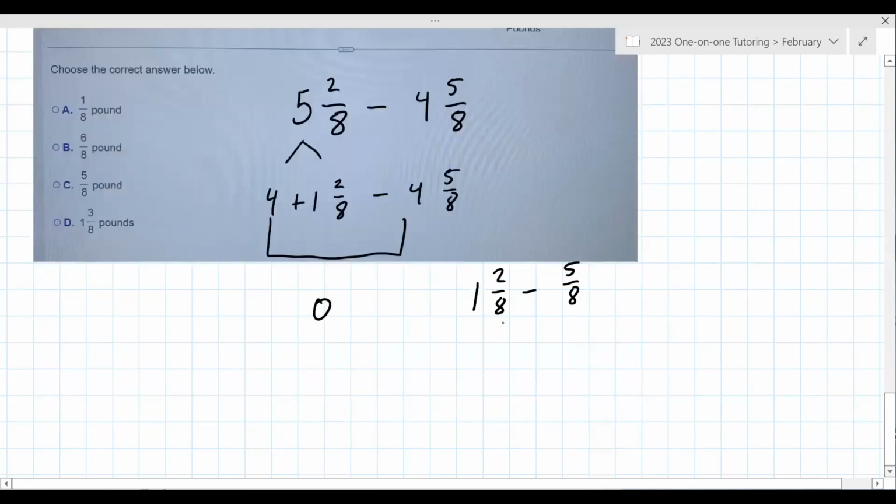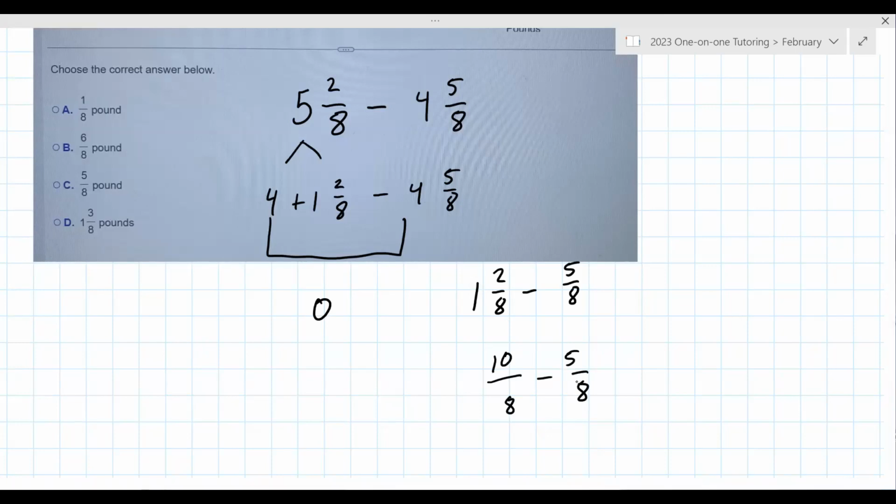And then we're going to quickly convert this to an improper fraction. What is 10/8 minus 5/8? What does that result in when you subtract? 5/8. And that's your answer there for that one. So go ahead and check that.